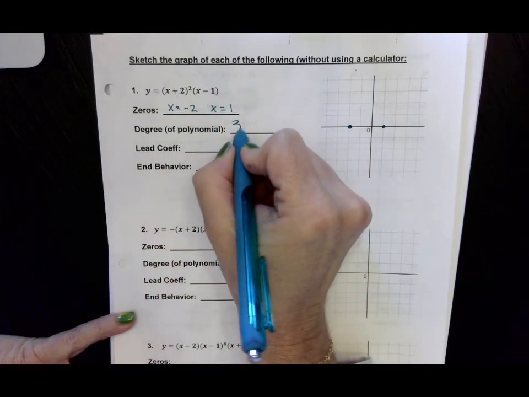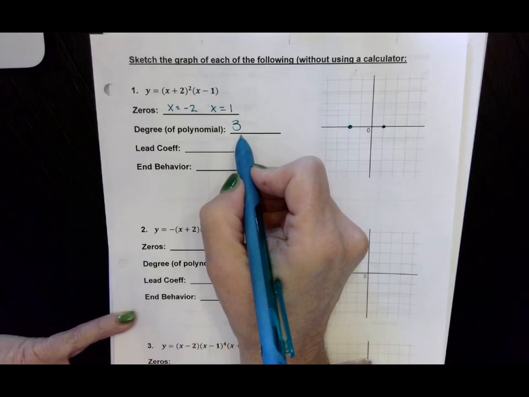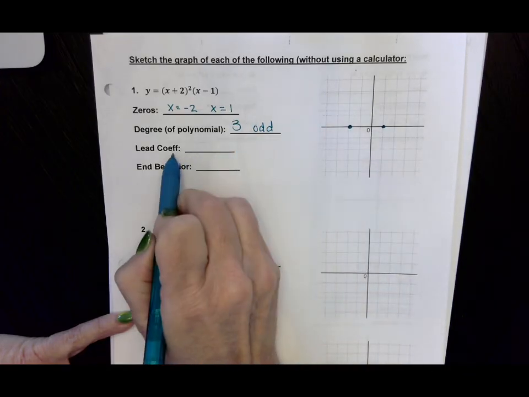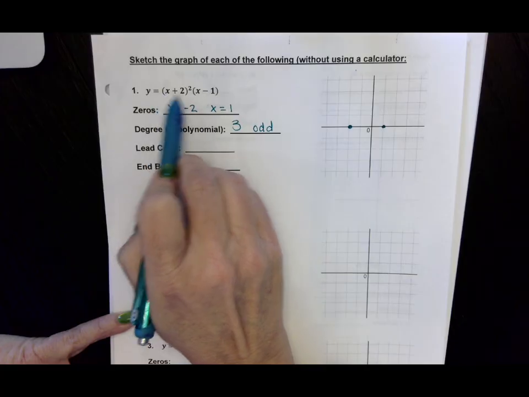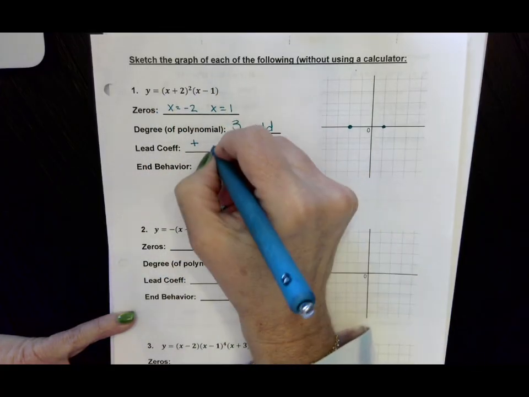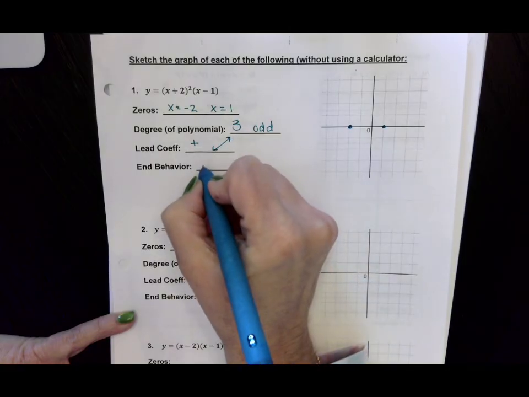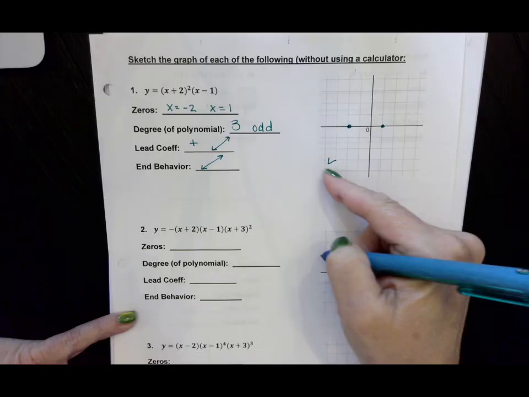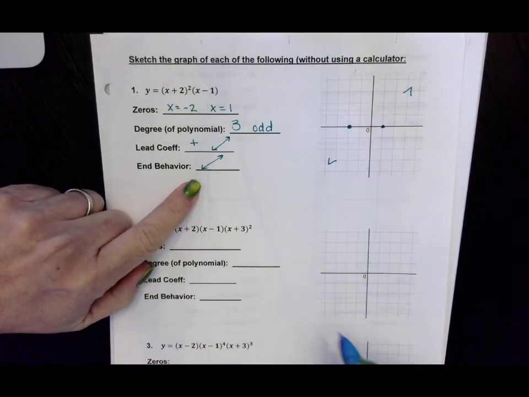So this is a third degree polynomial, which is odd. My leading coefficient, this is positive, so it's going to be positive. So odd positive is down, up. Oh, that's here. Down, up. That's my end behavior. So I know I'm going to start here, and I'm going to end over here.